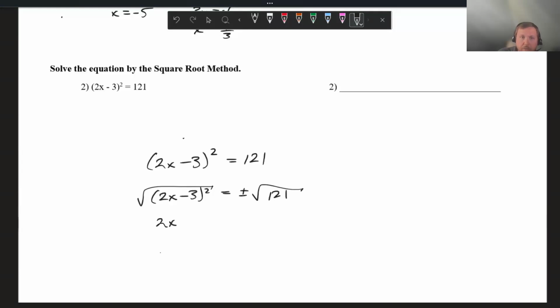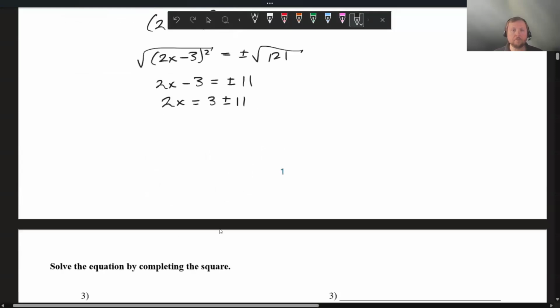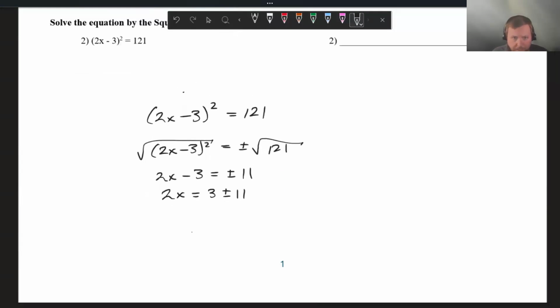Now I have 2x minus 3 is equal to plus or minus 11. Okay, so 2x is equal to 3 plus or minus 11. And then x is equal to 3 plus or minus 11 over 2.